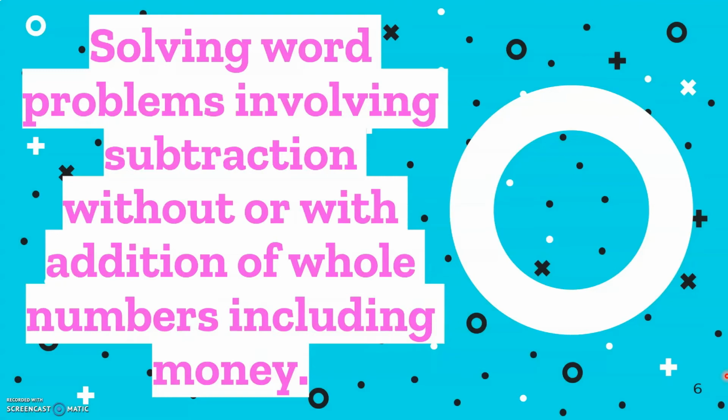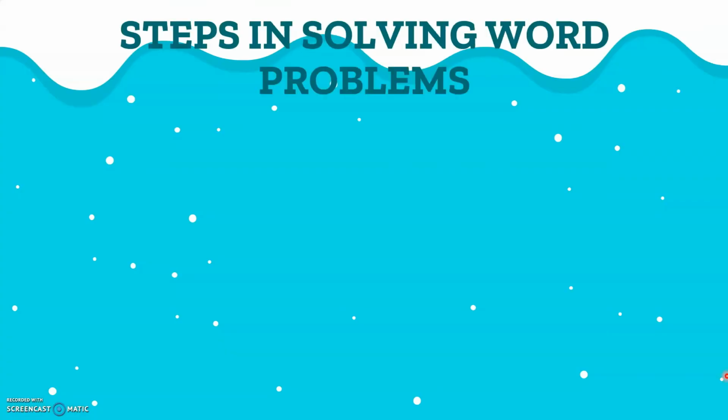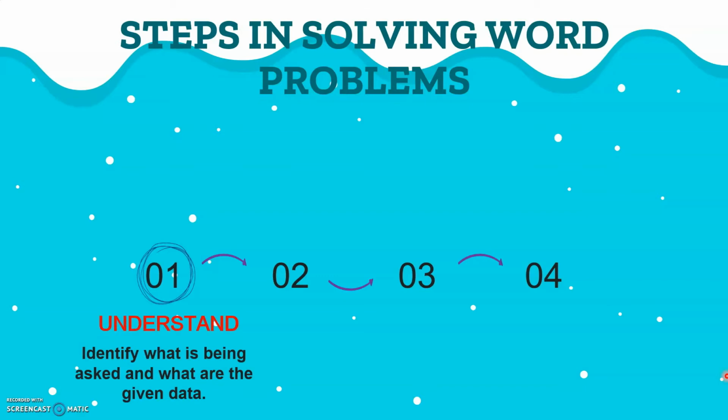Now, let's proceed to solving word problems involving subtraction without or with addition of whole numbers, including money. So, let's recall the steps in solving word problems. First is understand. We always need to identify what is being asked and what the given data are.